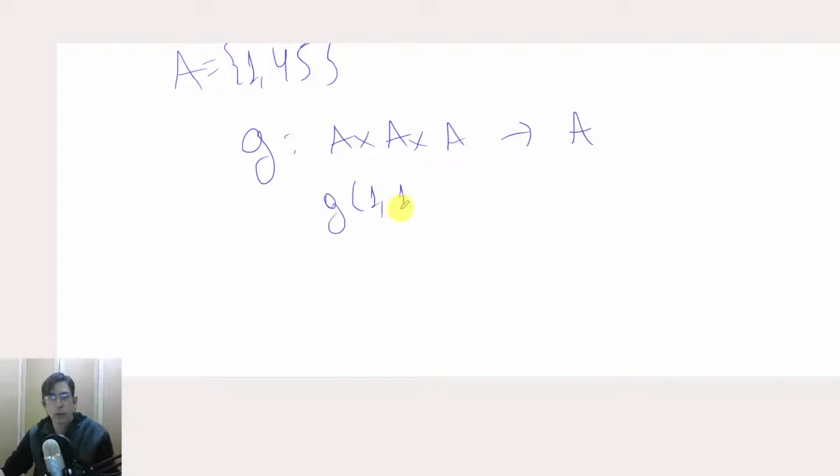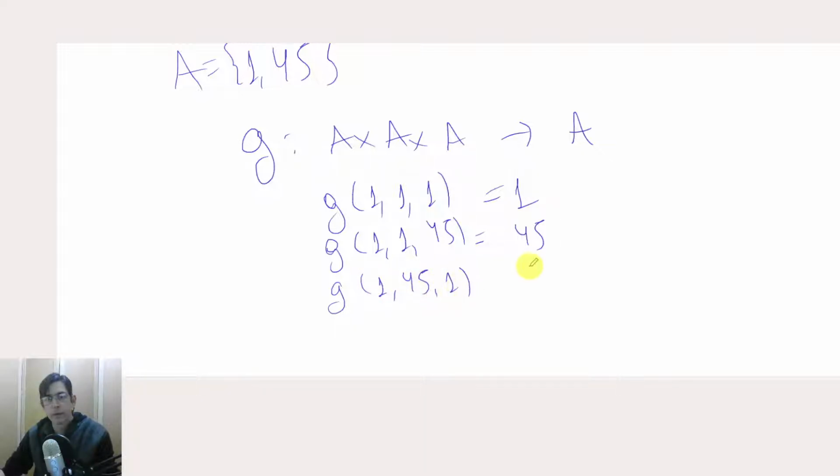G of (1, 1) equals 1, equals 45, equals 45, and so on. Of course, if this is a function, I would have to define it for 9 combinations of 1 and 45.